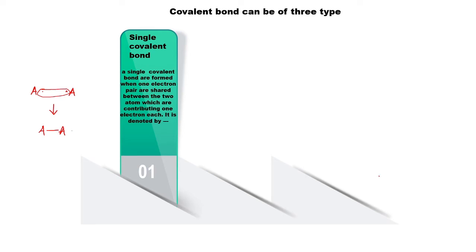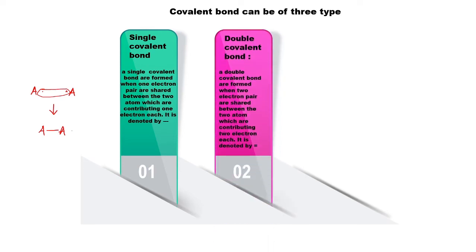The second type of covalent bond is a double covalent bond. Instead of one electron pair being shared, two electron pairs are shared. This is the first pair and this is the second pair, and we form a double bond, represented by two dash lines.